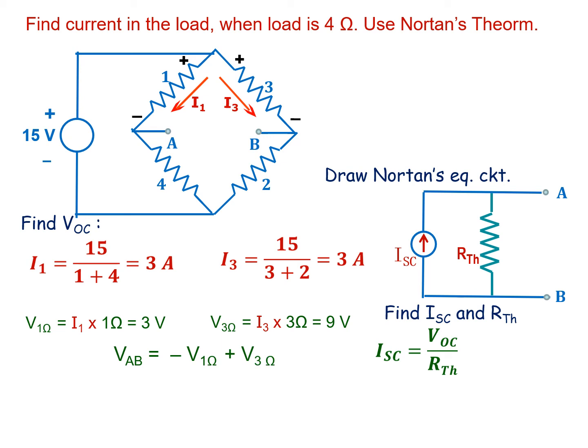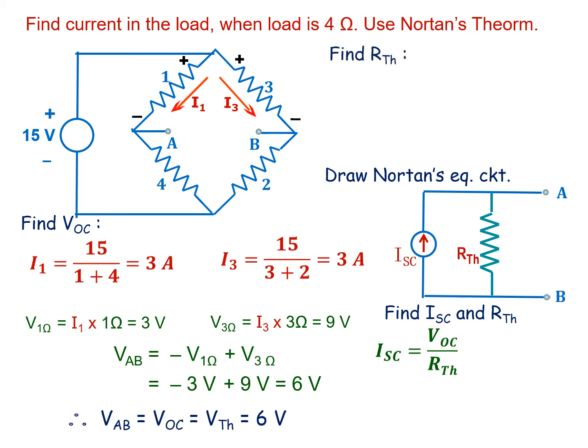Now VAB is minus of V1 ohm plus of V of 3 ohm. It is minus 3 plus 9, you get 6 volts. Therefore, the VAB is the open circuit voltage, which is also the V Thevenin, is 6 volts.